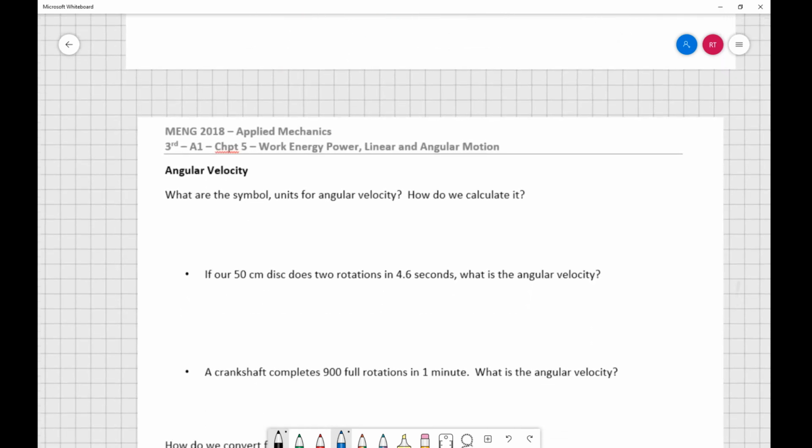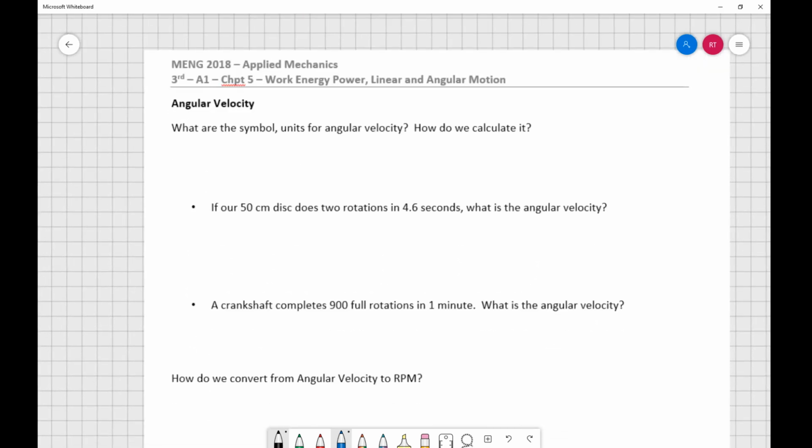In addition to angular displacement, which was theta, in radians, we also have a couple other terms. We have angular velocity, so how fast is it rotating?